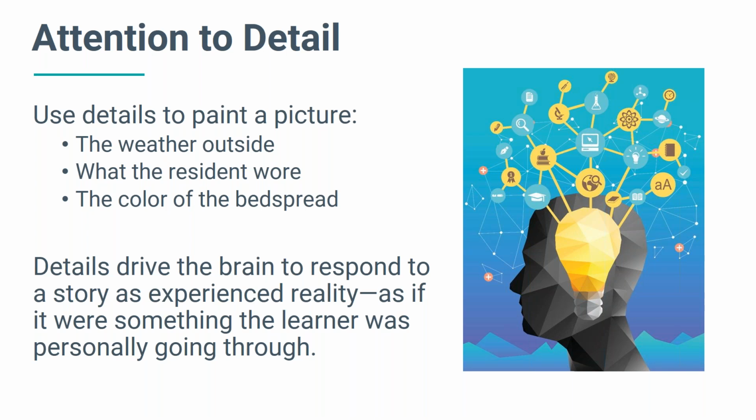Really, details drive the brain to respond to a story as if it were happening to them. And you can use details very sparingly, just enough to allow the learner to paint a picture in their own head. And if you use those details at key moments you want your audience to remember, it's going to help them with the learning points that you're working on.